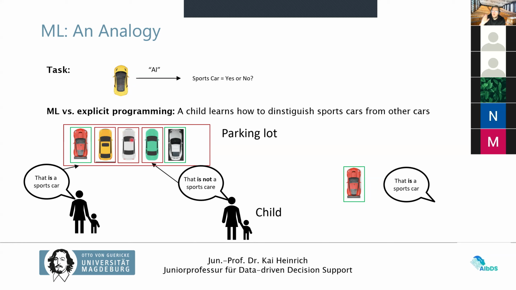Goes to the next car, this is not a sports car. Goes to the next car, this is not a sports car. Always the child looks at the car, tries to figure out. Goes to the next, this is a sports car, right? So as you see, the greens are sports cars, the reds are not sports cars. And this goes on, not only for 5 cars, but hopefully for a lot more, right?